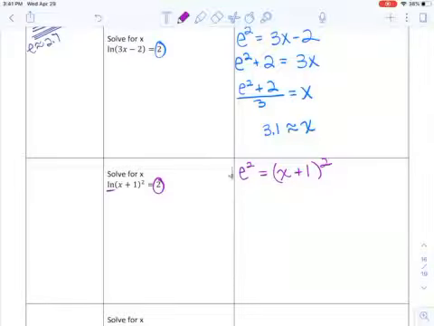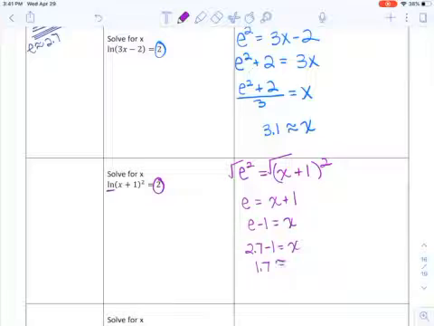Absolutely. And that would make it e equals x plus 1. So to get x by itself, you're going to subtract 1, and you get that. Now remember, e is about 2.7. So that's about 1.7.